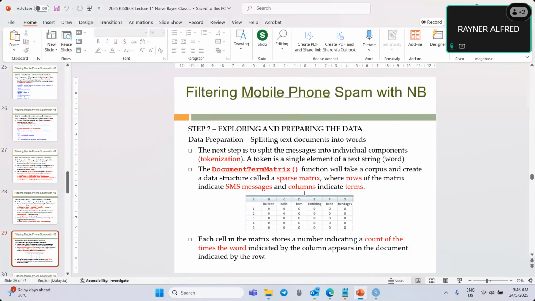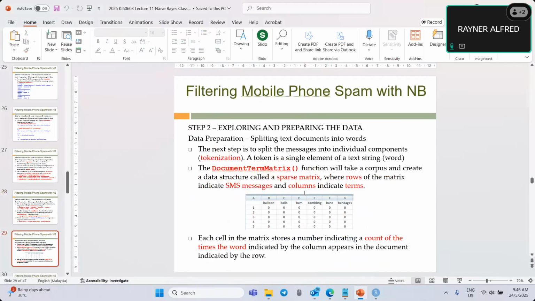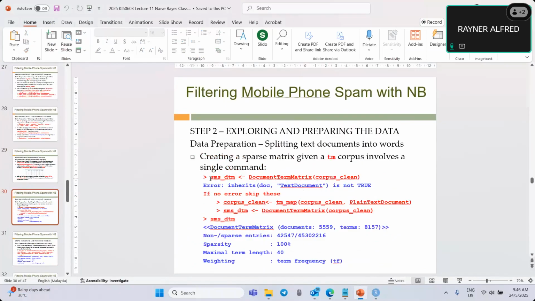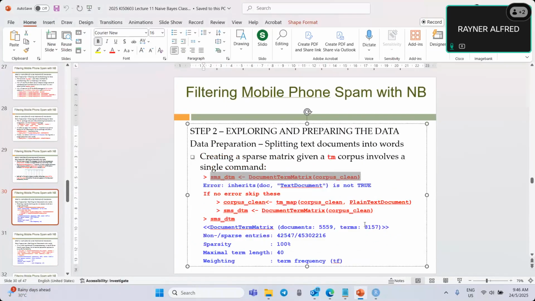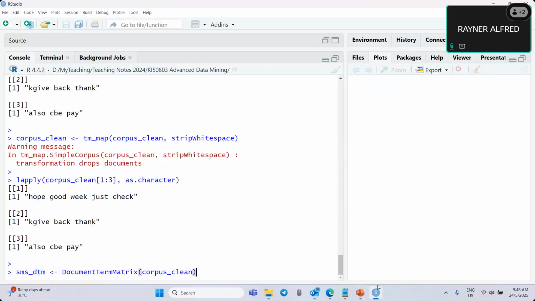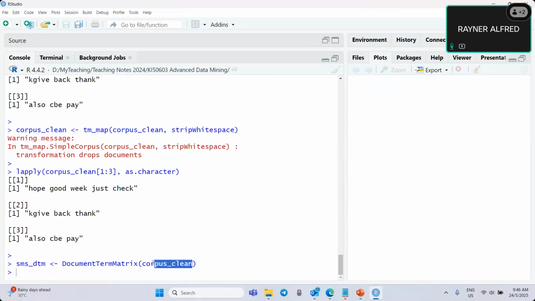Now we want to form them into a document term matrix. We take the clean corpus and transform it into a document term matrix.